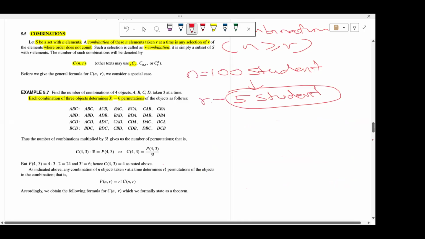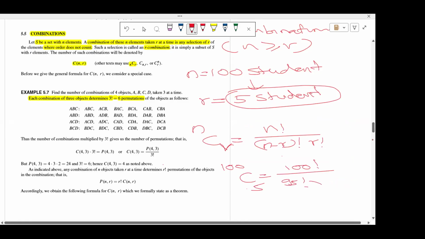Now, how many ways can we find if you have n objects, here n is equal to 100, we need to select r objects and create the combination. Then the equation says nCr equals n factorial over n minus r factorial into r factorial. If I apply this here, 100C5 means 100 factorial over 95 factorial into 5 factorial.